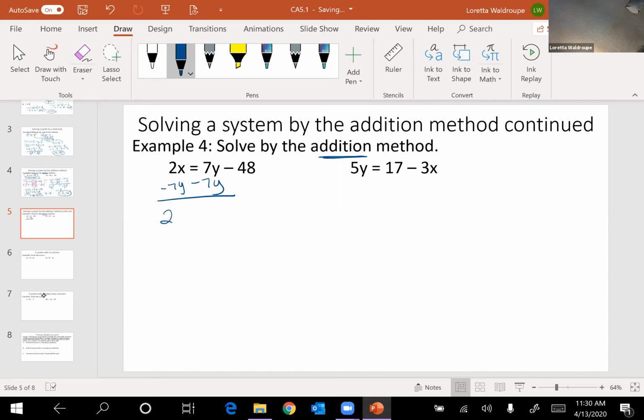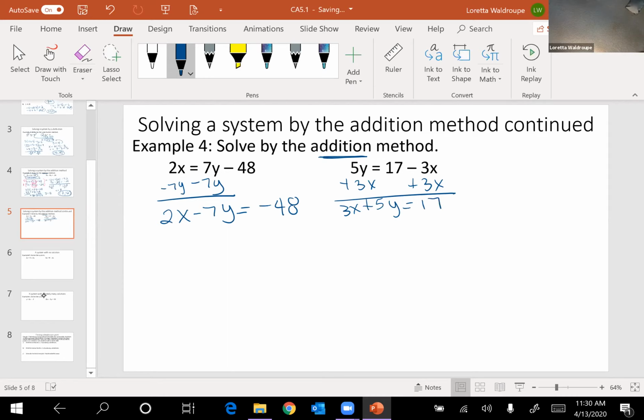So I have 2x minus 7y equals a negative 48. On the second equation, I need to add 3x to both sides. 3x plus 5y equals 17. So here's my two equations.